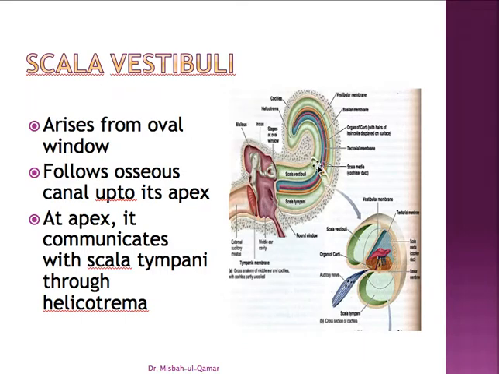So this scala vestibuli, a compartment of the cochlear canal, goes all the way from the base to the apex, and at the apex, it communicates with the scala tympani through the helicotrema.